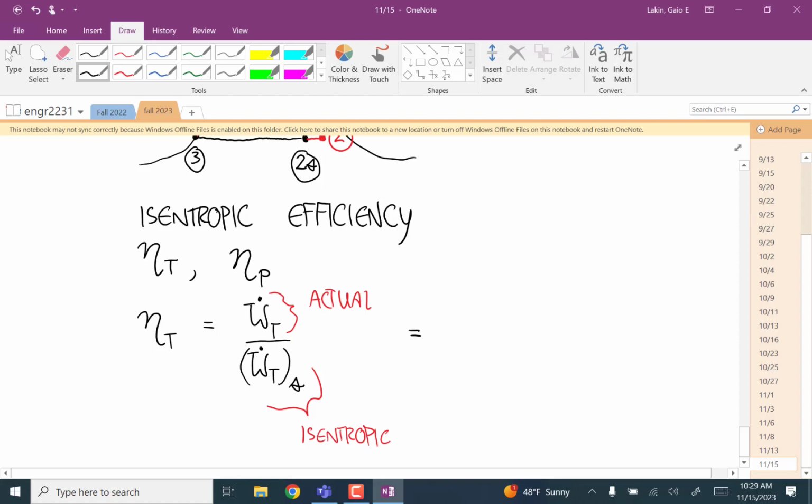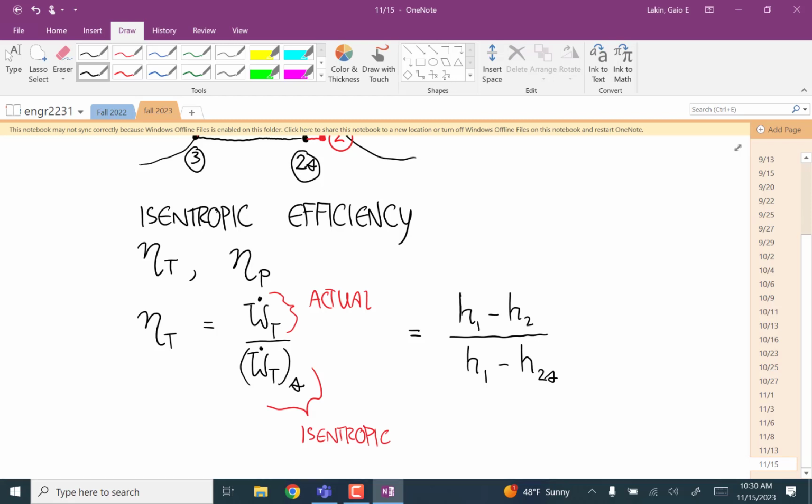So we'll define this as H1 minus H2. So that's the actual difference between those enthalpies, divided by H1 minus H2 in the ideal case.